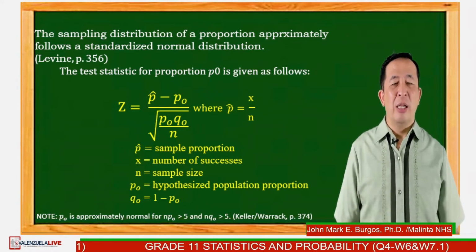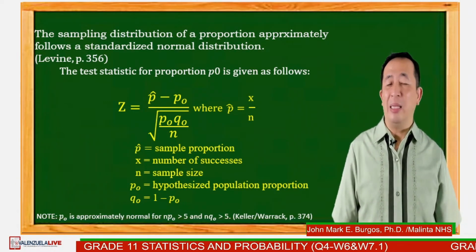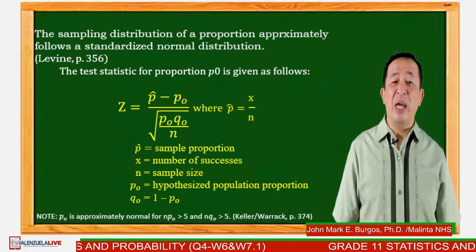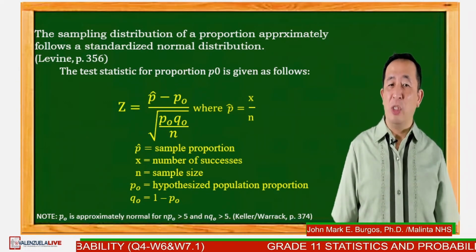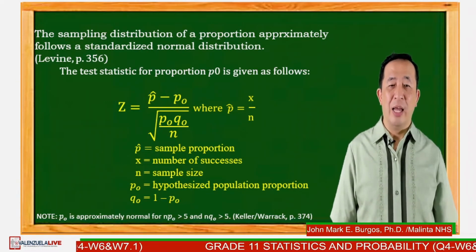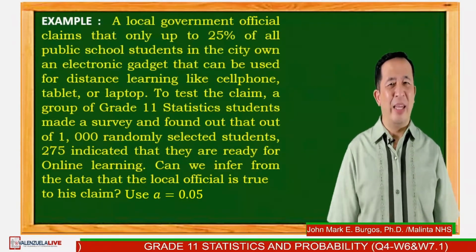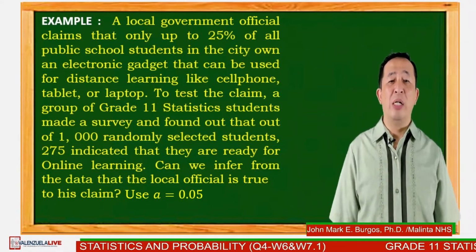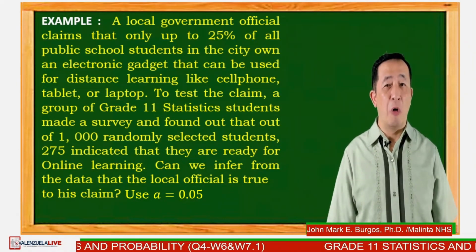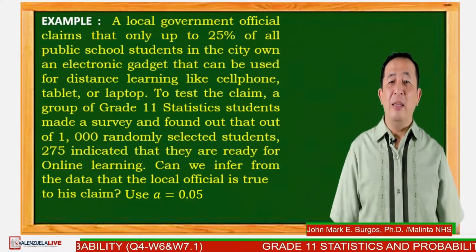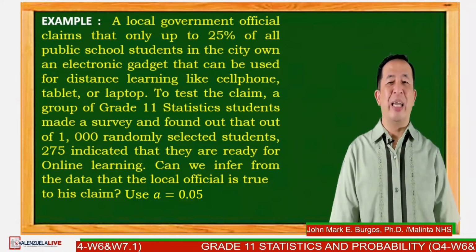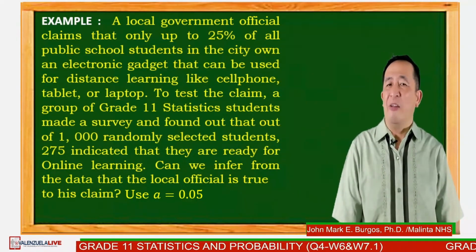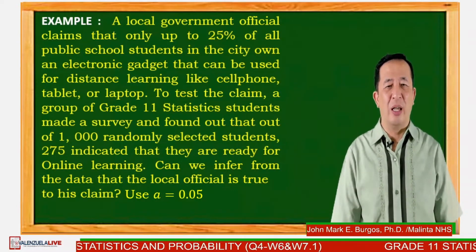Now take note that the sampling distribution of p hat is approximately normal if n times p sub o is greater than 5, and n times q sub o is greater than 5. Let's have an example. A local government official claims that only up to 25% of all public school students in the city own an electronic gadget that can be used for distance learning, like cell phones, tablets, or laptops.